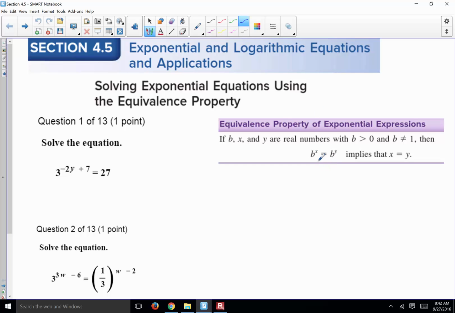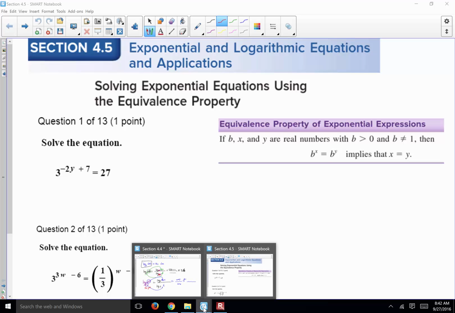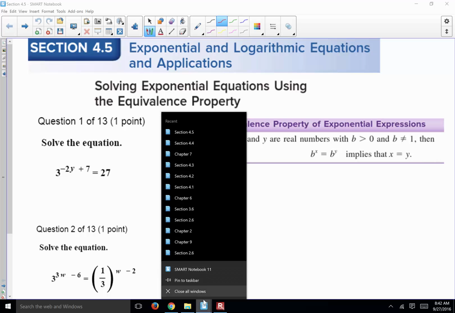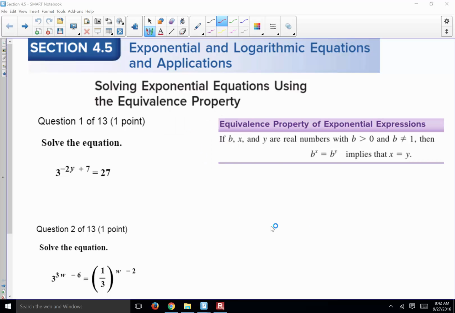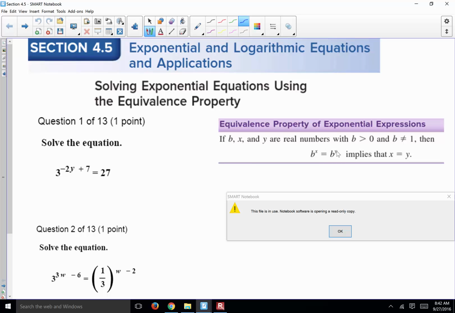What is this? It says if you have on the left side of an equation something with a power, and on the right side you have the same base but a different power, we can wipe off the b's, the same bases, and set x and y equal to each other.